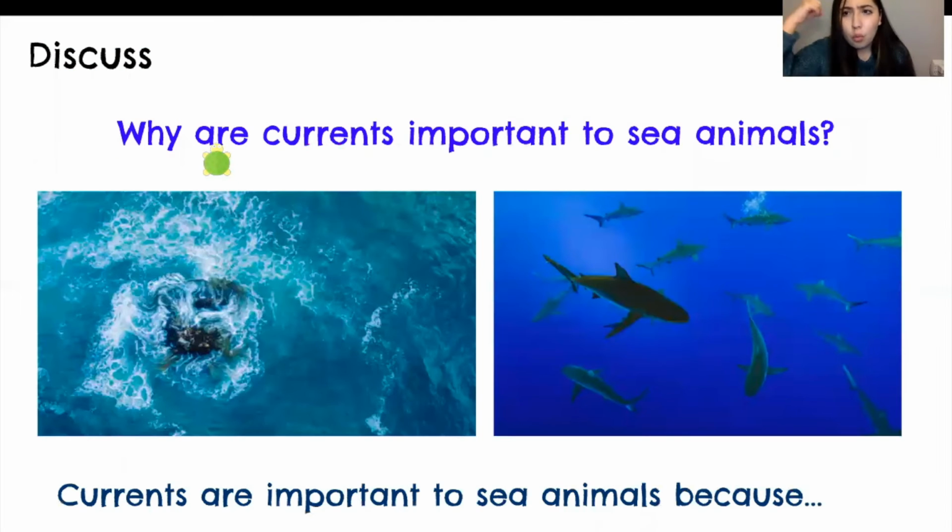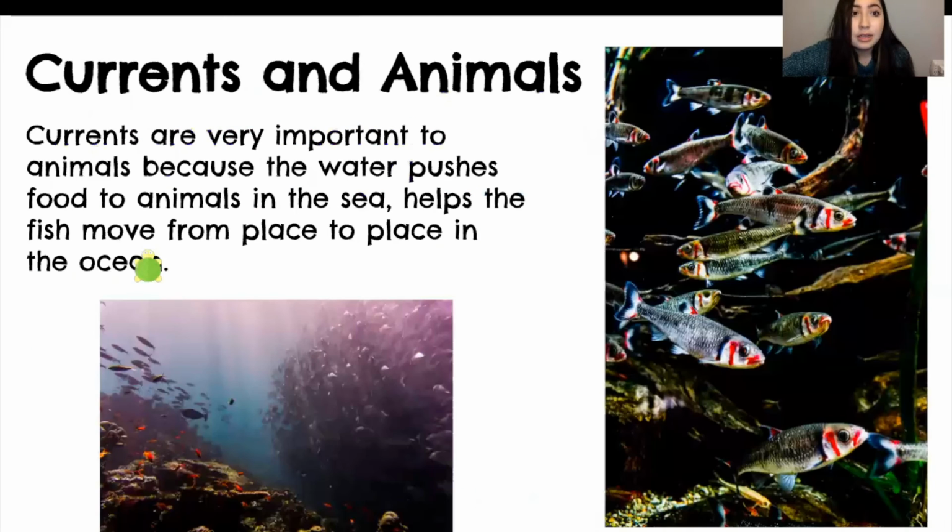Now, why is moving water important to sea animals? Well, currents are very important to sea animals because the water pushes food towards the animals in the sea, and it helps the fish move from place to place in the ocean.